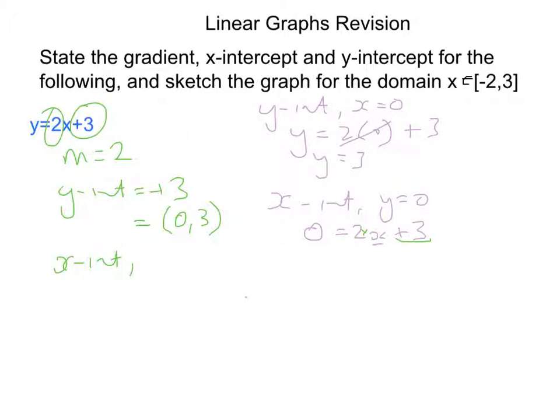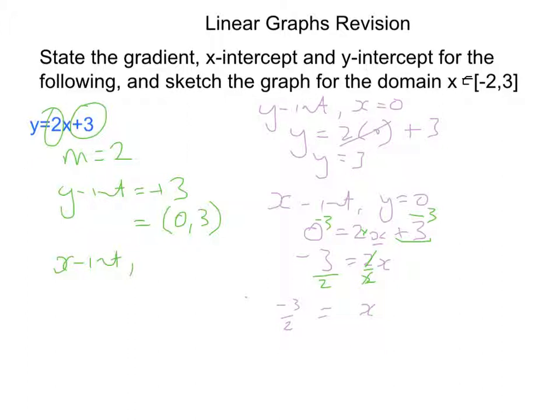BODMAS backwards is what we apply. So plus 3 is the least strongly attached, if you like. So we'll move that first. We take away 3 from both sides, which gives us -3 equals 2x. And then we're going to divide both sides by 2 to cancel that one down, which will leave us with x is equal to -3 over 2.